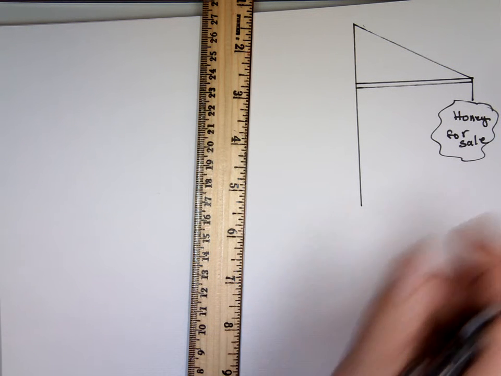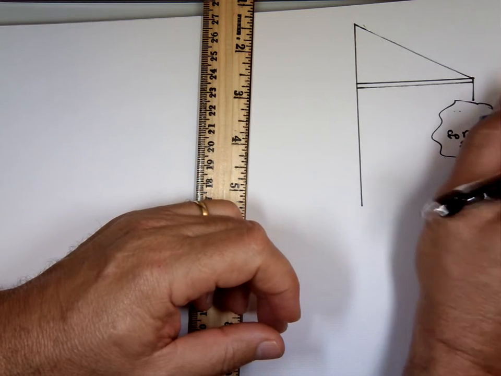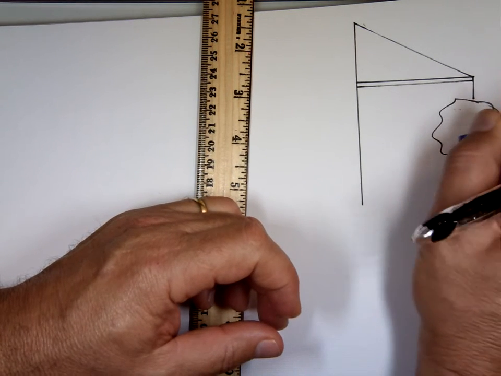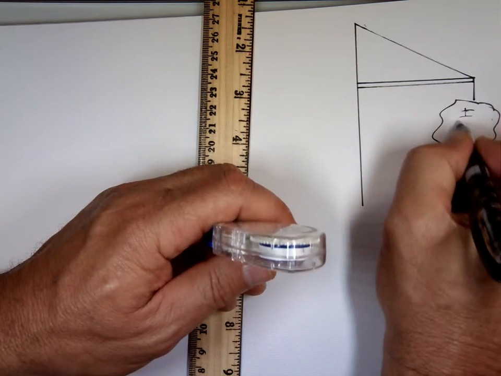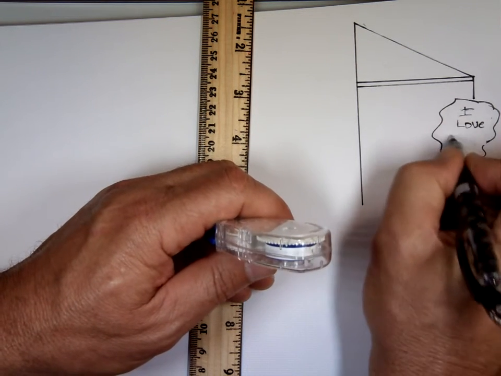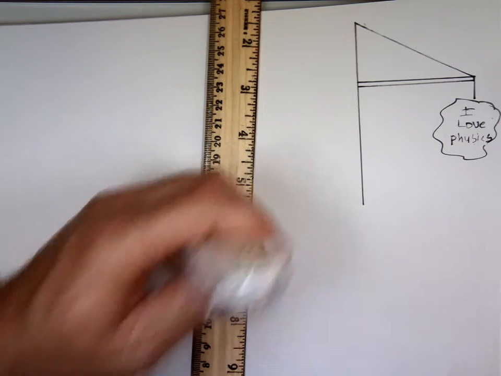Here's an even better sign. Since you guys are leaving us soon, instead of honey for sale, a sign that says, I love physics. That's a better sign.